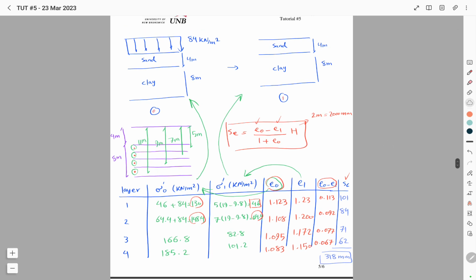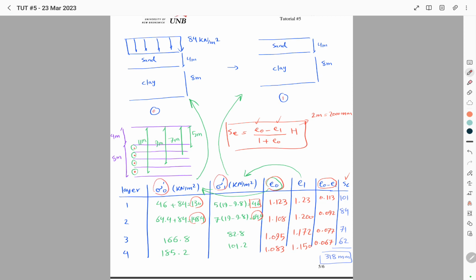Okay, so again, in the initial situation, we have the load on top of the layer. In the final situation, the load is removed. So this sigma prime 0 is for when we have the load, and this sigma prime 1 is for when the load is removed.